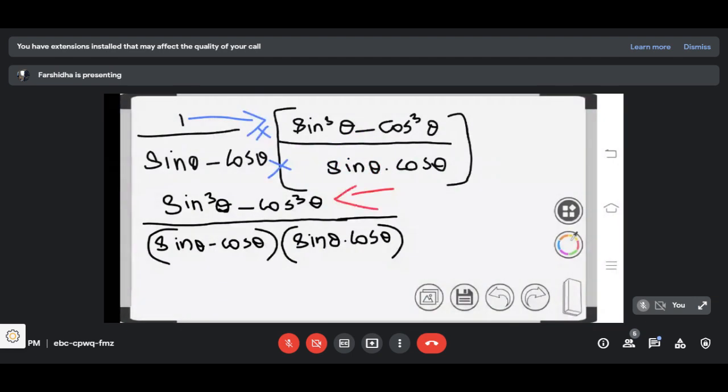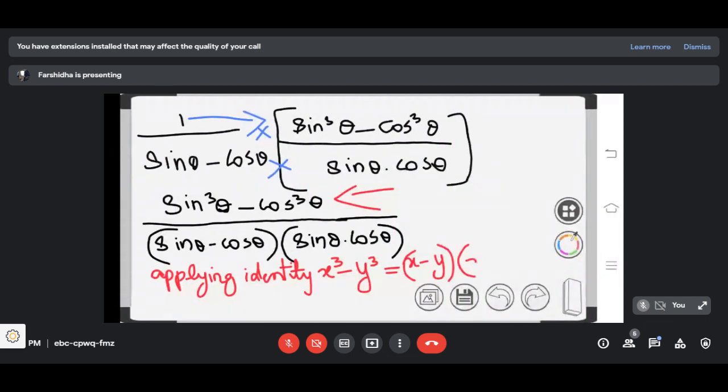Now below that, see, this is in the form of one identity, sine cube theta minus cos cube theta. It is in the form of identity x cube minus y cube. So below that, write applying identity x cube minus y cube equal to x minus y into x square plus y square plus xy.